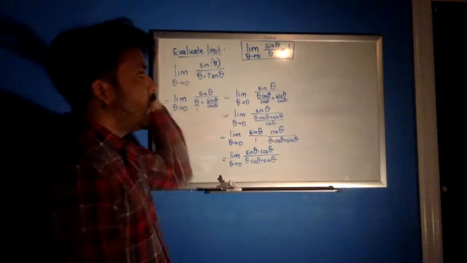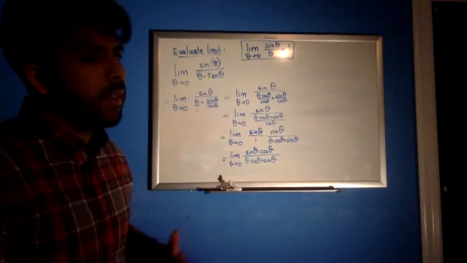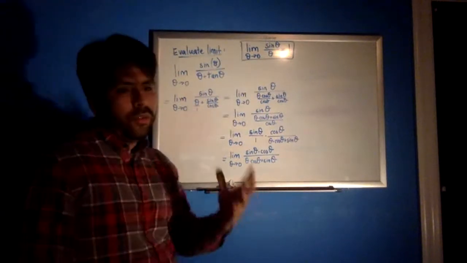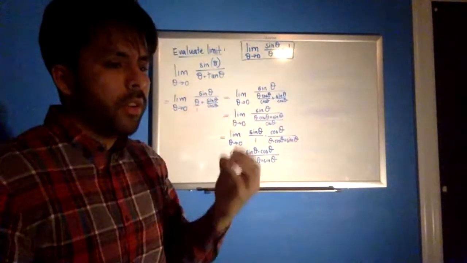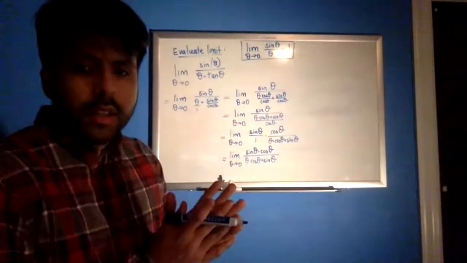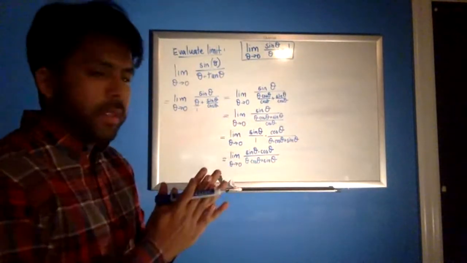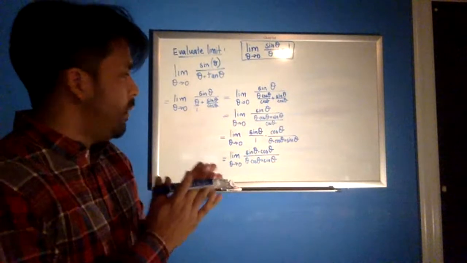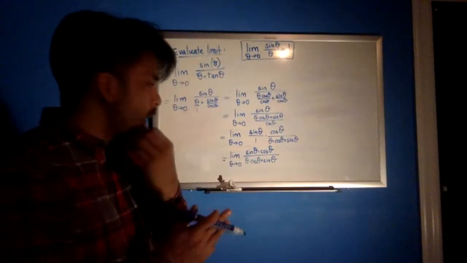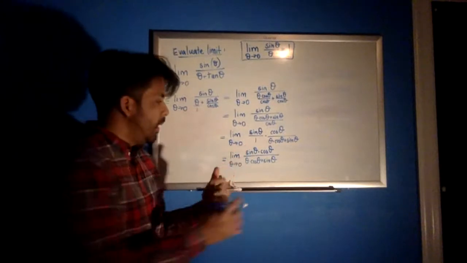Well, that's what I've been saying to a whole bunch of students that I've taught: your algebra skills, particularly for calculus, have to be pristine, meaning that you should be able to recognize things algebraically and see, okay, look what I can do.